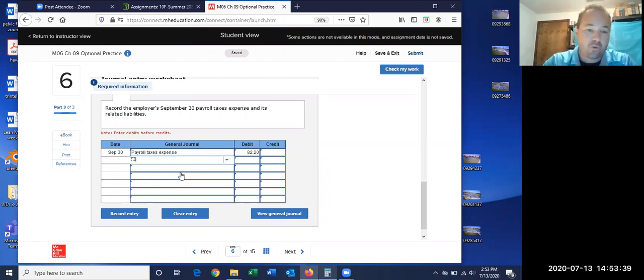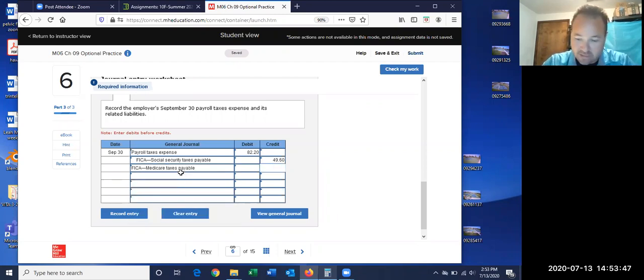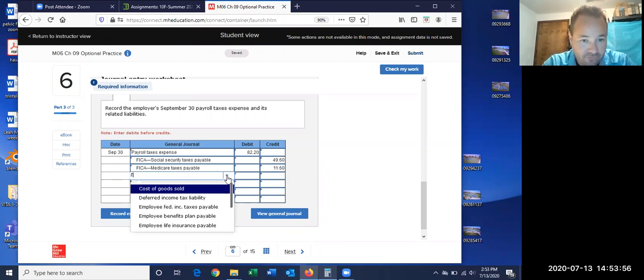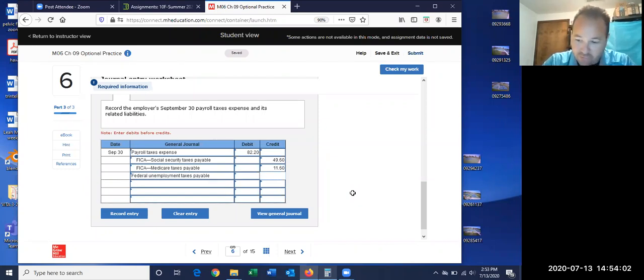Then take out those 4 items. Social Security was $49.60. Medicare was $11.60. FUTA, federal unemployment, they don't abbreviate it for that, and that was $3.60.